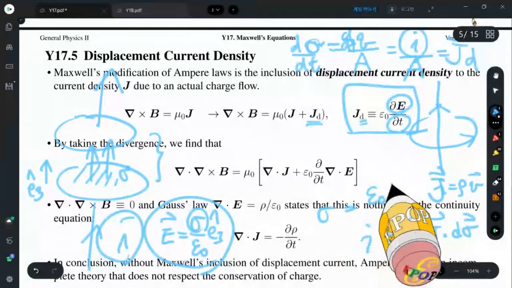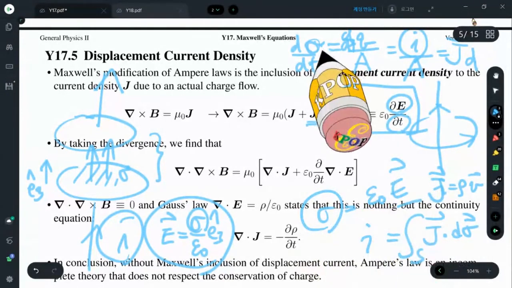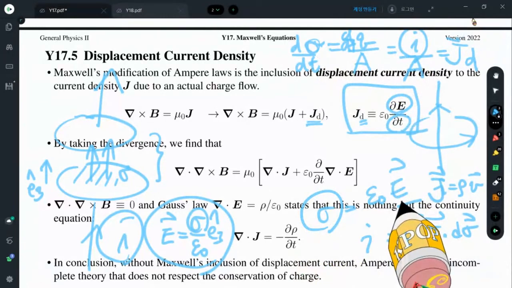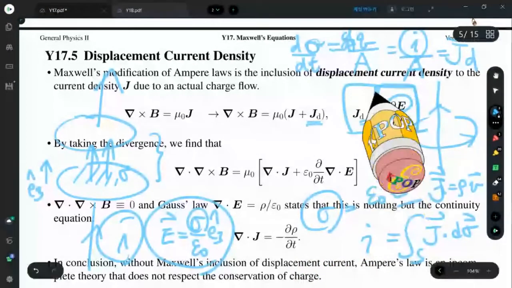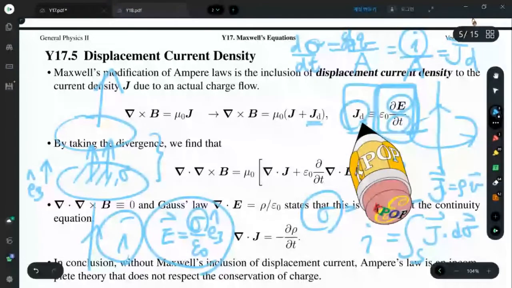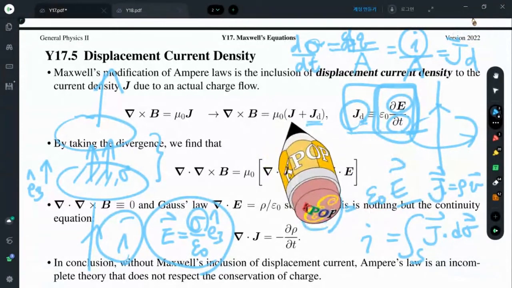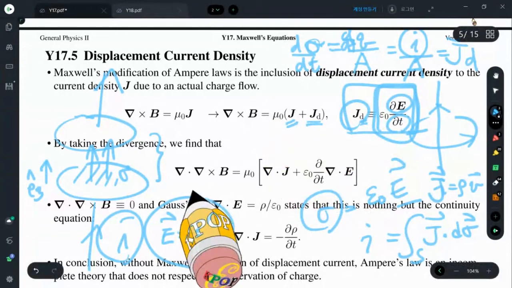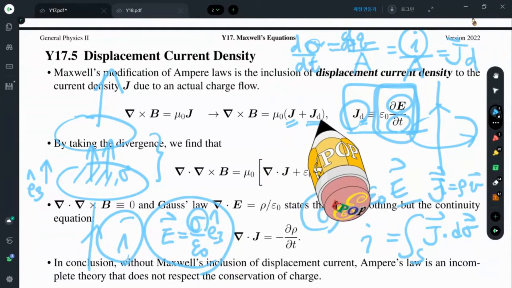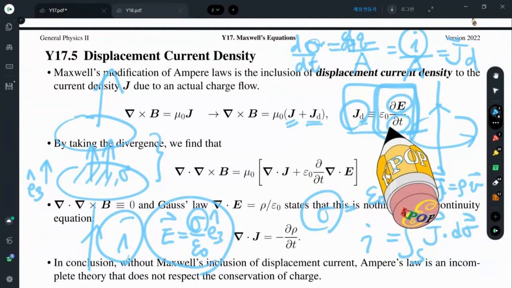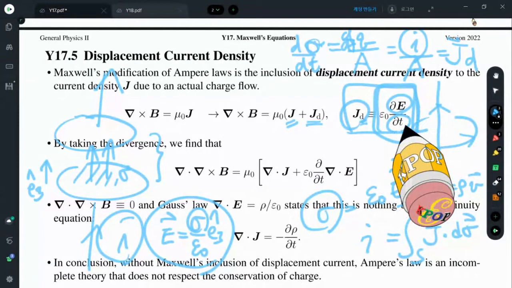Sigma is epsilon 0 E. And sigma's time derivative means the time derivative of the electric field multiplied by epsilon 0. Oh, this is that. Displacement current density plays the same role as actual current density, but it is expressed in terms of epsilon 0 multiplied by the time derivative of the electric field.